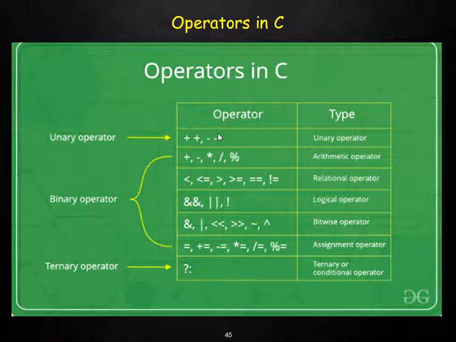So variable is only one operand over there, therefore it deals with just one operand, so you call it unary operator. Now come here, from here to here, these are the binary operators, because when you use the single plus sign, you say a plus b.